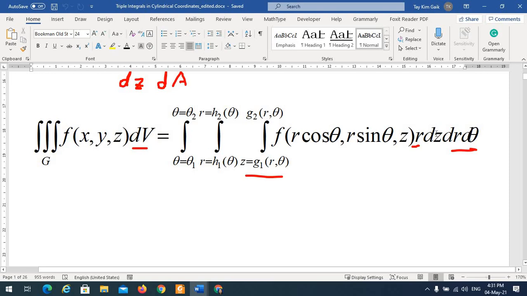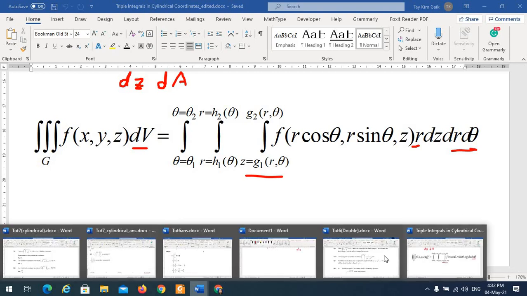Your dx dy or dA changes to r dr d theta. So z goes from the lower surface up to the upper surface. And r is from your region, which we obtained just now.